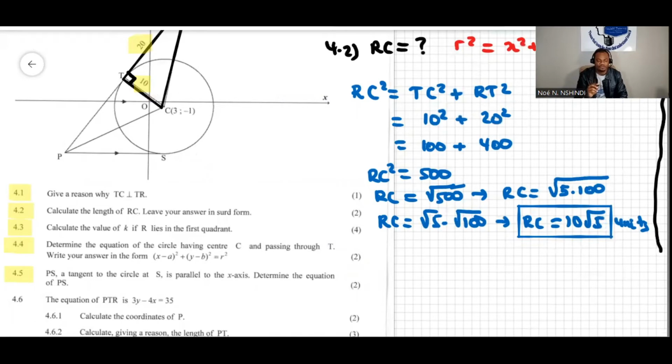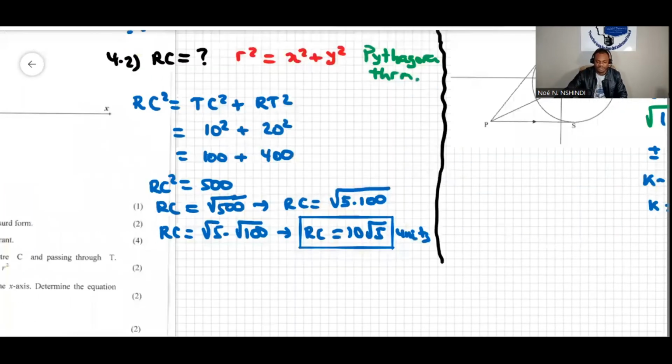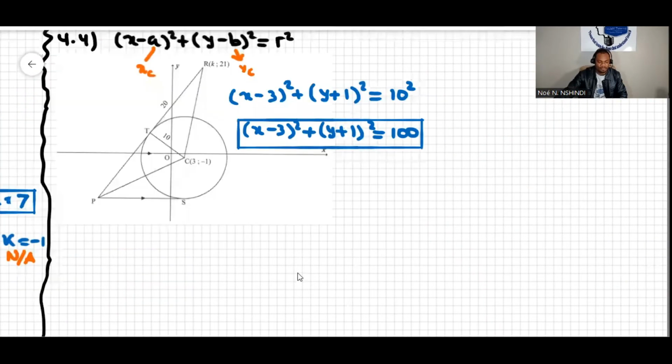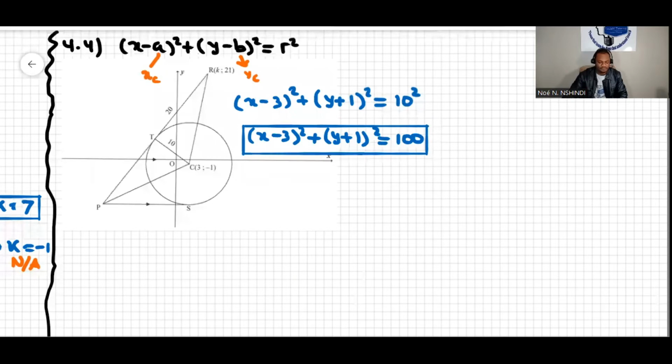Determine the equation of PS. All right, now I'll move my board here. So I'm gonna write the question here, 4.5. We're looking for the equation of the line PS.